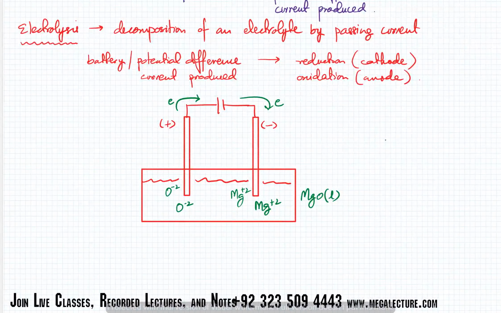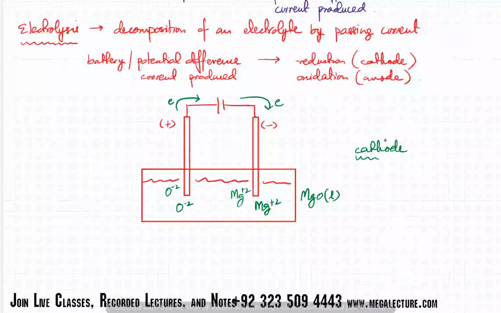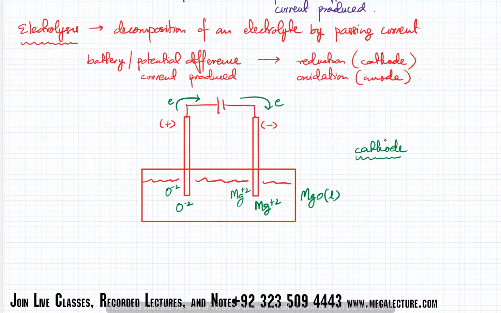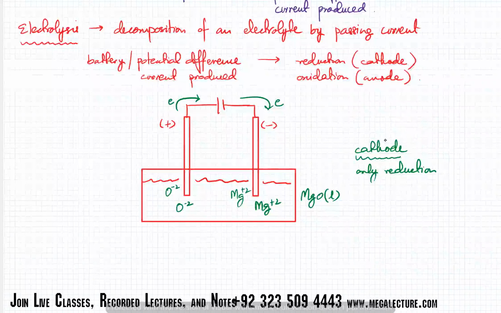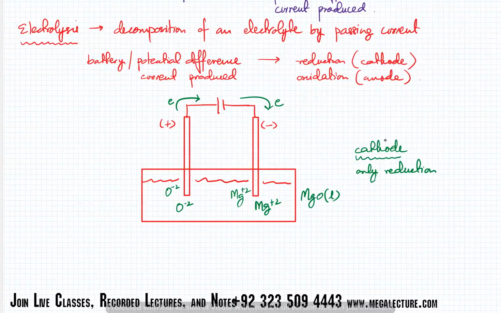So let's do the cathode side first. At the cathode, remember there is no option of oxidation. The only thing that's going to happen is only reduction. Electrons are coming in, so there's only one option, and that is that Mg would gain electrons. That's it. There is no other option. So Mg over here.